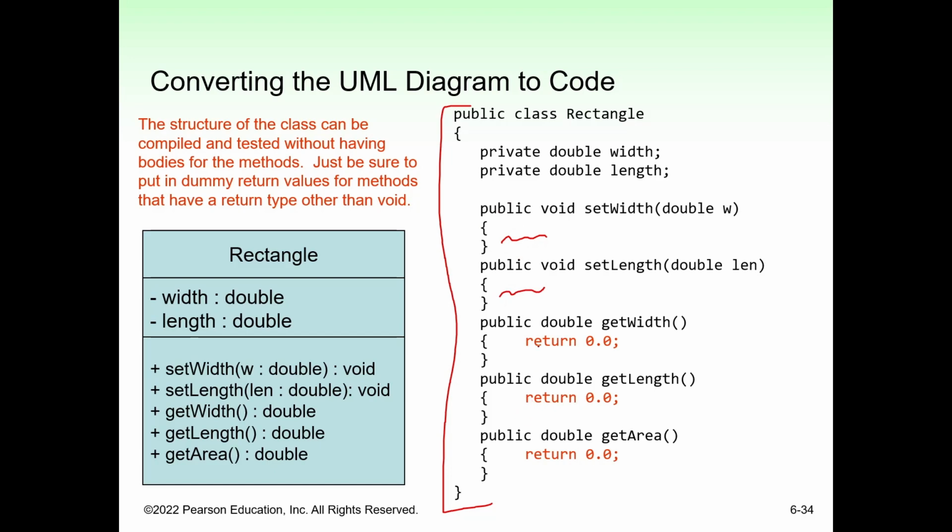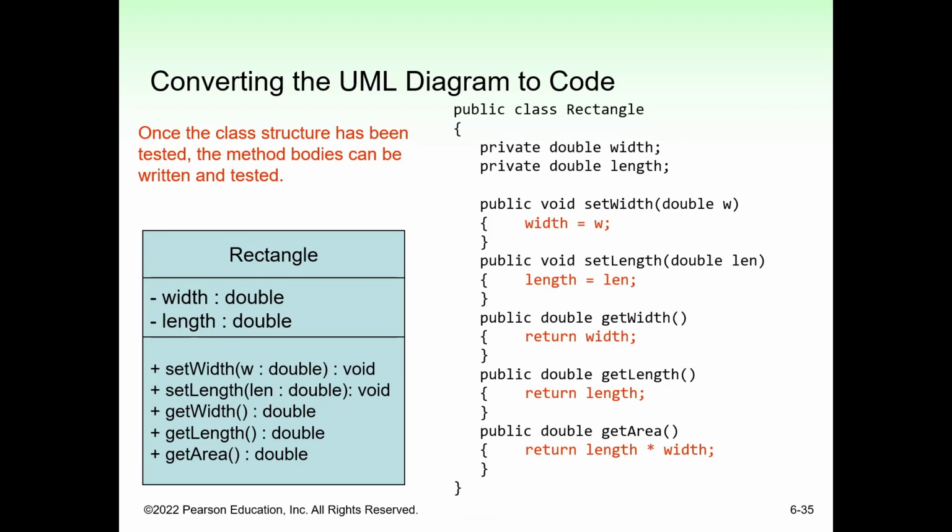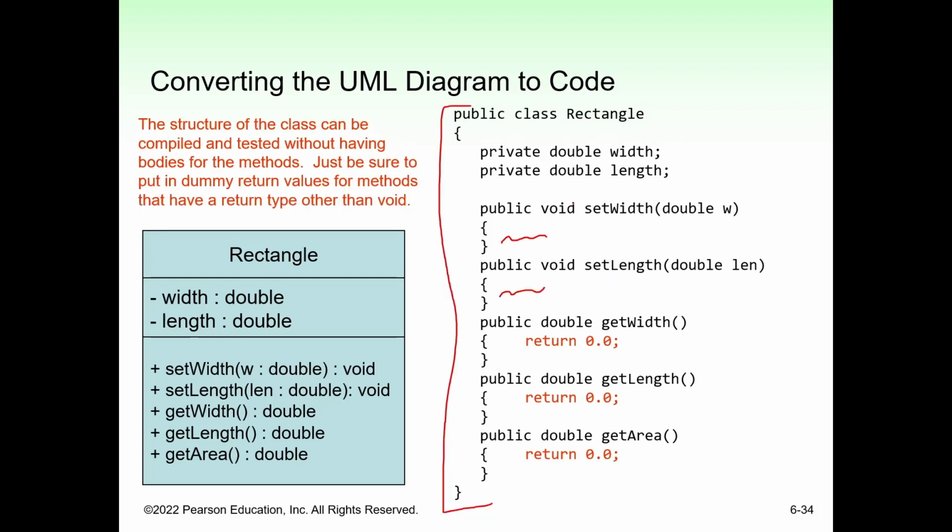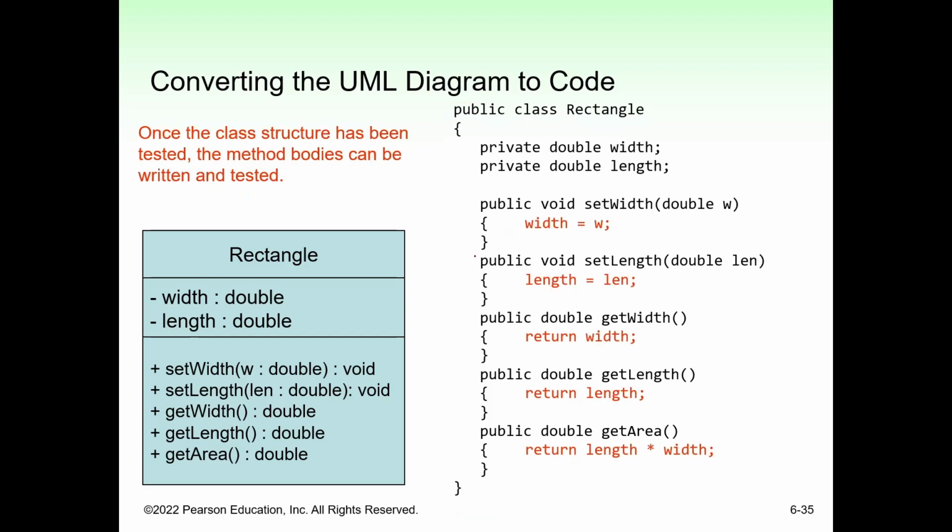That's pretty much it. Once your class structure is tested and you can see that everything is working the right way, the only thing left to do is fill in your method bodies and then test your class again.